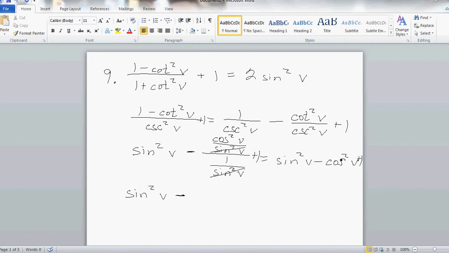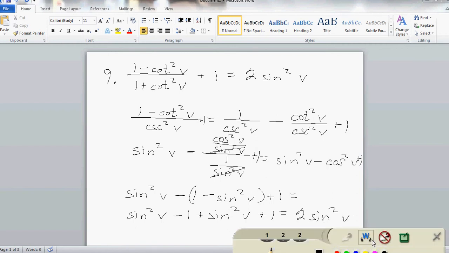If we solve for cosine squared of v, that becomes 1 minus sine squared of v. And then just distributing this minus sign, we get sine squared of v minus 1 plus sine squared of v plus 1 equals 2 sine squared of v.